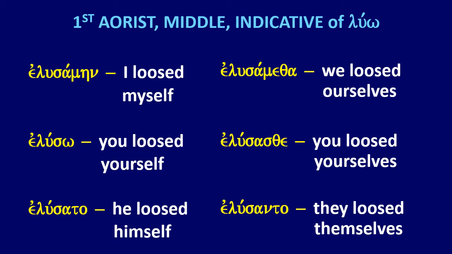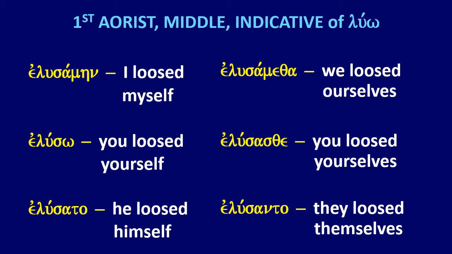Third person singular, eluseta, he loosed himself, or you could say she loosed herself, it loosed itself, depending on the context. And then first person plural, elusametha, we loosed ourselves. Second person plural, elusestha, you loosed yourselves. Third person plural, elusanta, they loosed themselves.